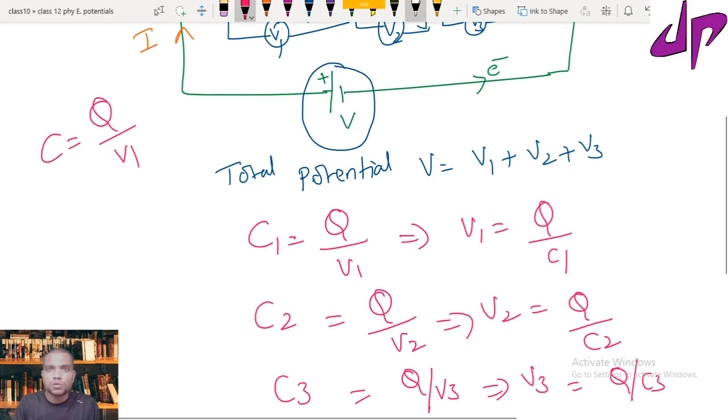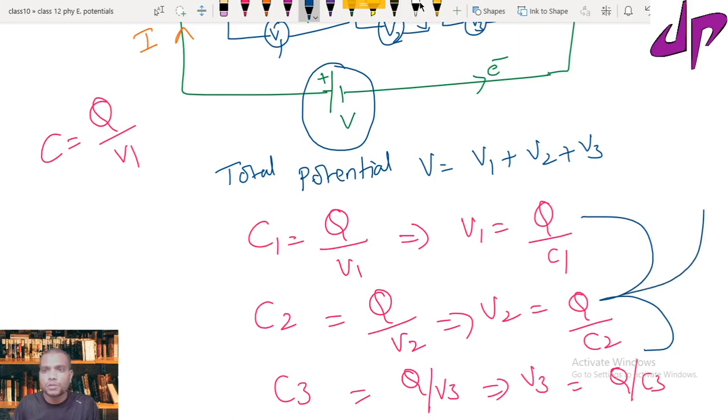Now we substitute these three values in the above expressions.